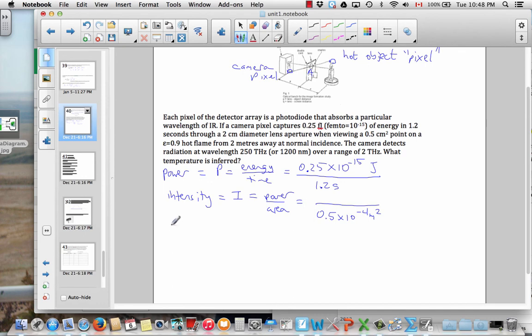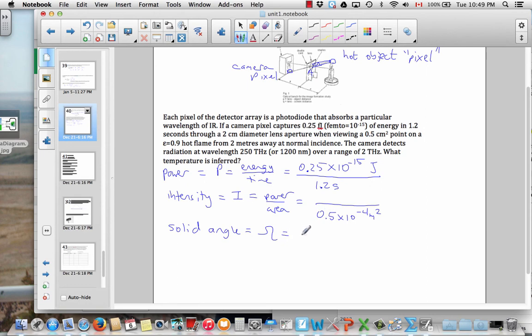In order to find the spectral intensity B, we need to know how much solid angle we're talking about here. Okay, well, this point here on the hot object, there's going to be a solid angle. There'll be a cone of light that actually hits the lens, and that solid angle cone has solid angle omega.